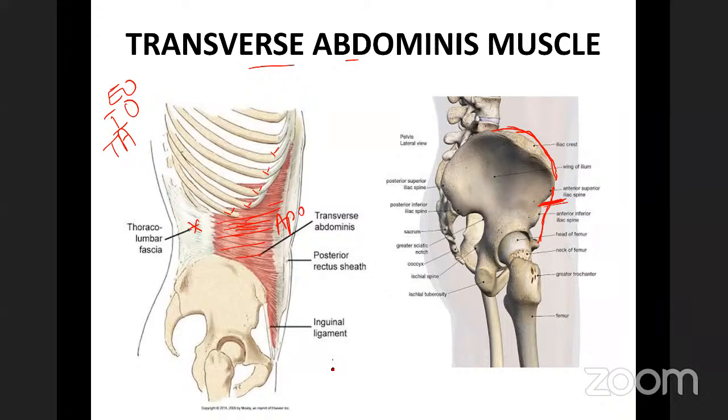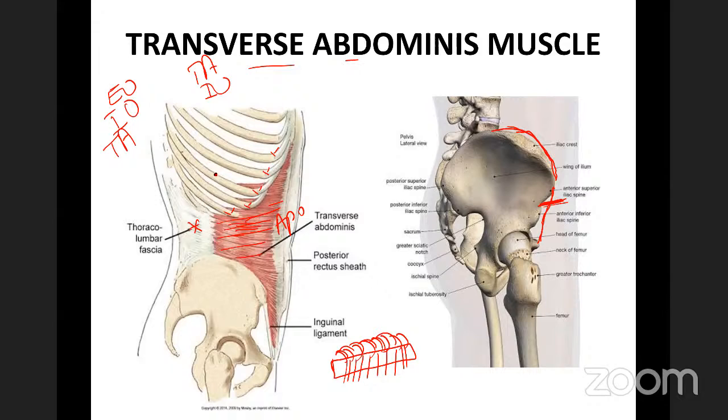Now, in the inguinal region, the anterior wall of the inguinal canal was formed by the external oblique muscle as well as the internal oblique muscle. The roof was formed by the internal oblique and also the transverse abdominis. The transverse abdominis along with the internal oblique forms the roof of the inguinal canal, and it also joins with the internal oblique to form the conjoint tendon, which we have already discussed.